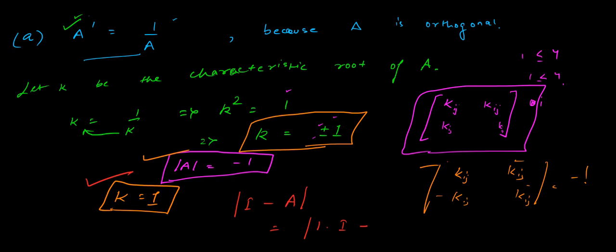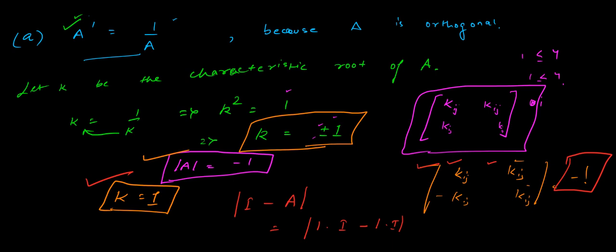Therefore our matrix A is also a representative of an identity matrix. So this can be written as 1 into the identity matrix, because here we have a value 1 and the total value is minus 1. So here we can have an identity matrix, or this can be put in an identity matrix form.